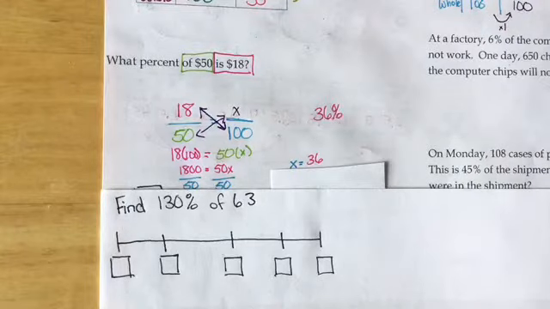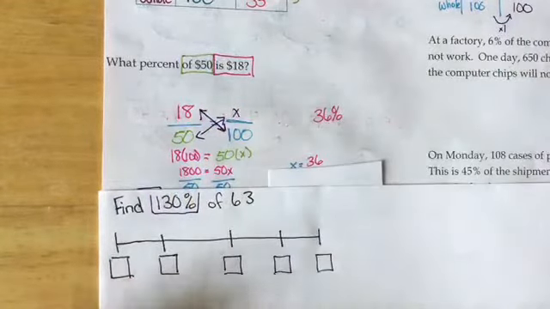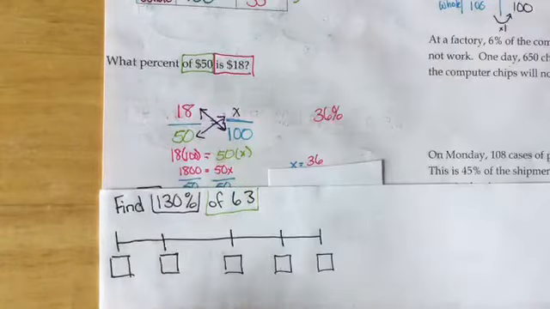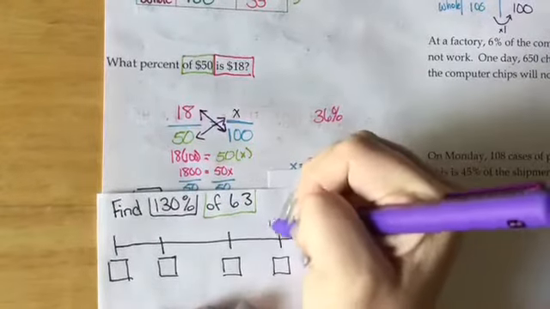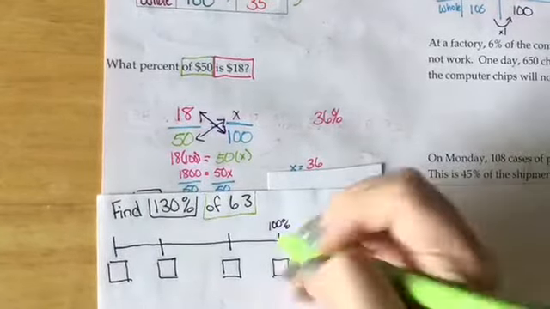Okay, we're going to find 130% of 63. We're going to do that by using that number line. We're going to break it up and see what happens to find 130% of 63. So we're going to start with this 100%. What's 100% of 63?